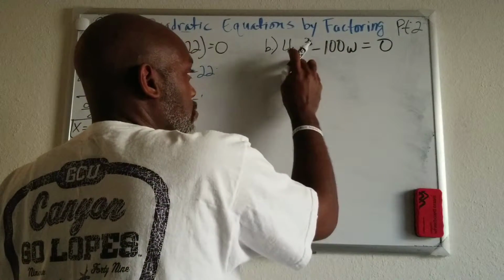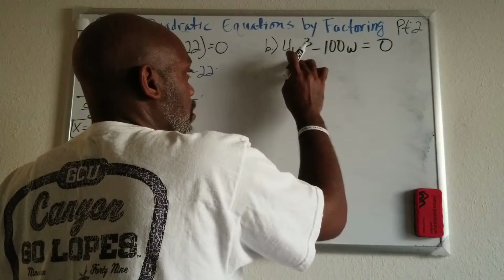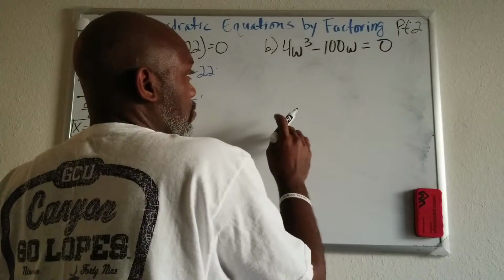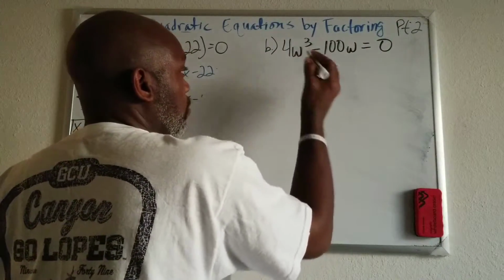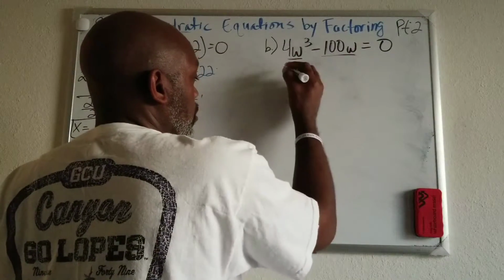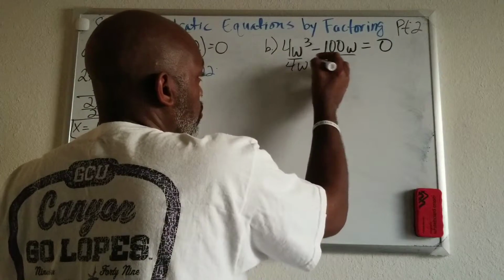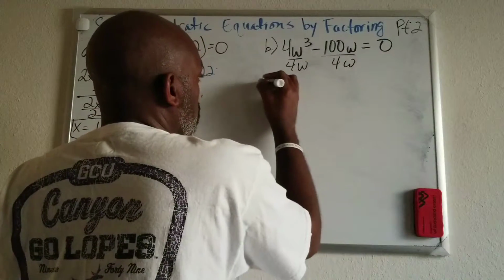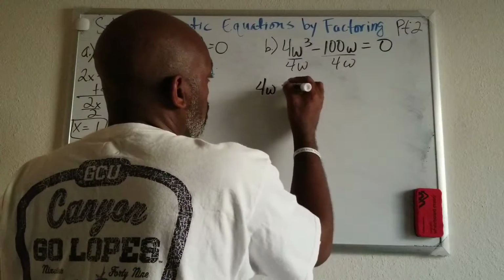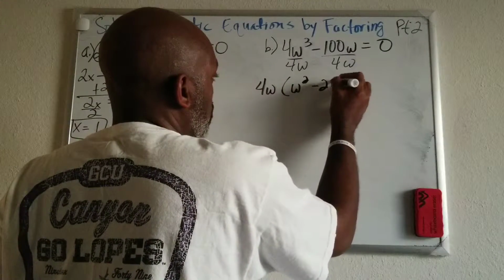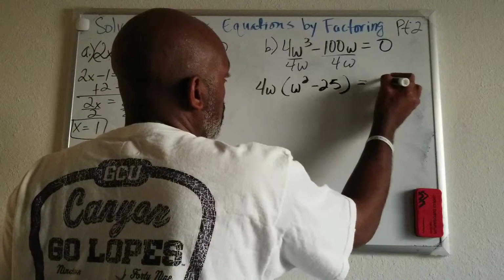No, we cannot, because the bases are the same, but the exponents are not the same. So we need to factor out. We need to take them apart. The greatest common factor is going to be 4w. So we have 4w, and then we're left with w squared minus 25 equals 0.